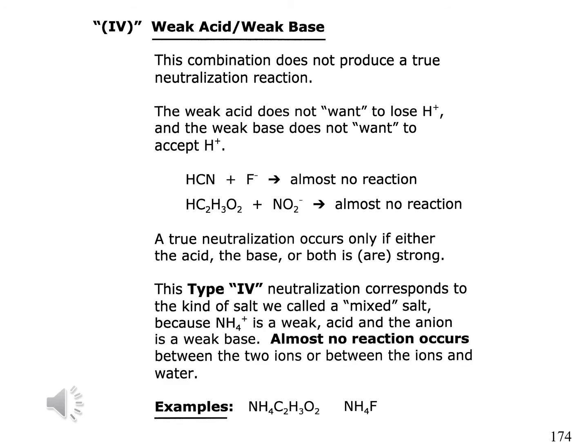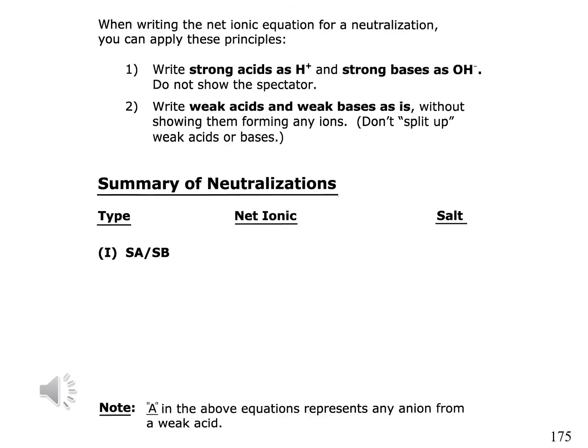We also talked about a type of salt called a mixed salt, where NH4 is a weak acid and the negative ion is a weak base. There's really nothing that goes on here either, and so we didn't do any pHs for those kinds of salts, because the reaction of a weak acid and a weak base is not really even a neutralization.